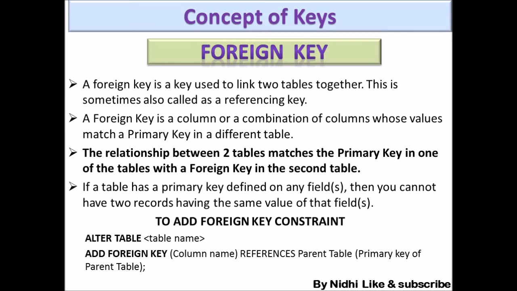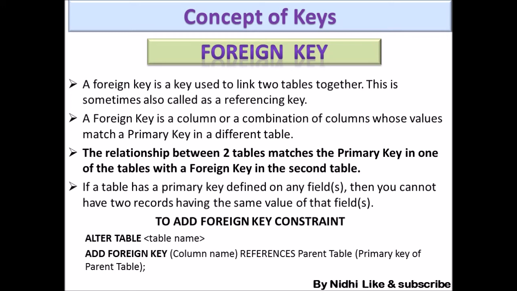Okay. So a similar concept happens in a database: when the primary key of one table is included in another table as a column, it becomes a foreign key. So a foreign key is a key that is used to link two tables together. It is sometimes also called a referencing key.